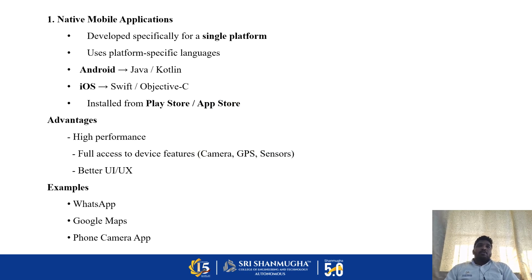They provide full access to device hardware such as camera, GPS, microphone, and sensors. Native apps also offer better user interface and user experience. Examples of native apps include WhatsApp, Google Maps, and the phone camera apps.